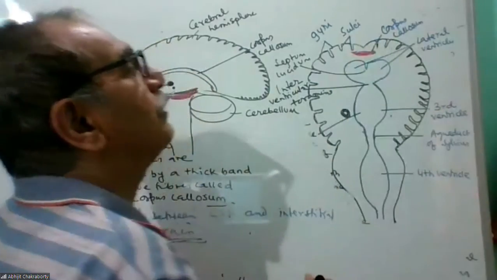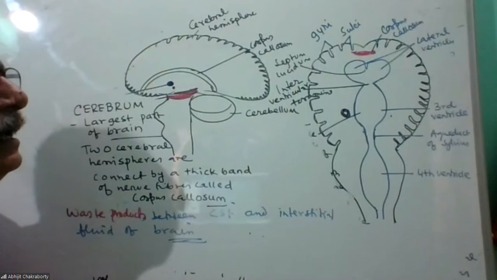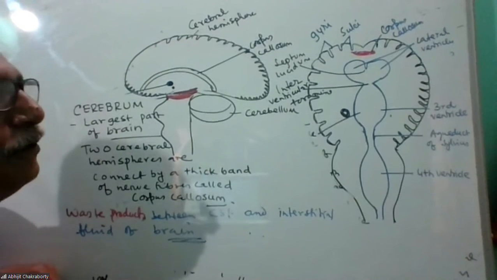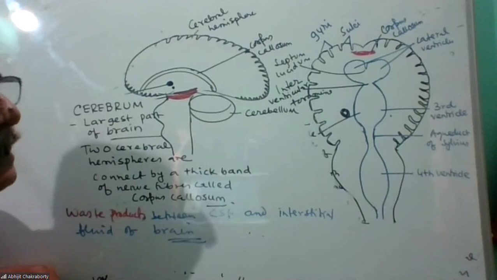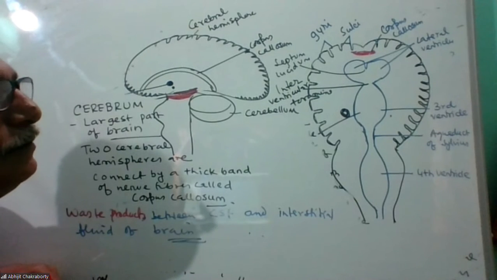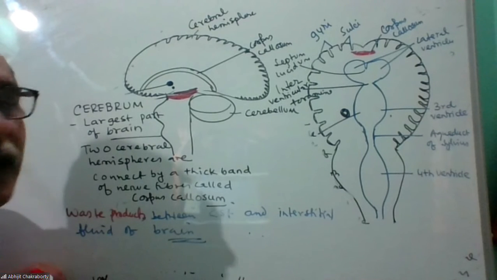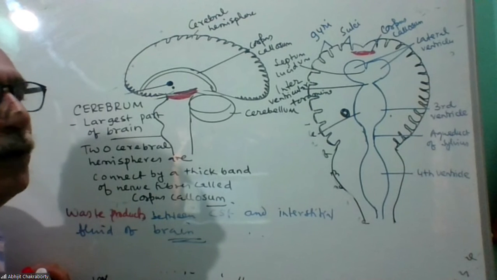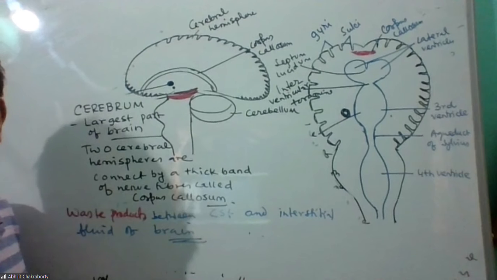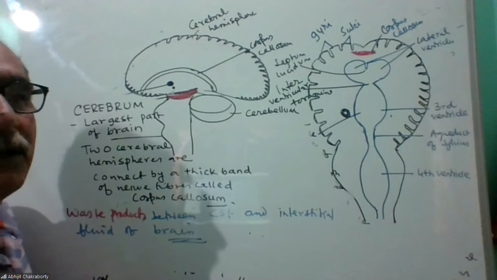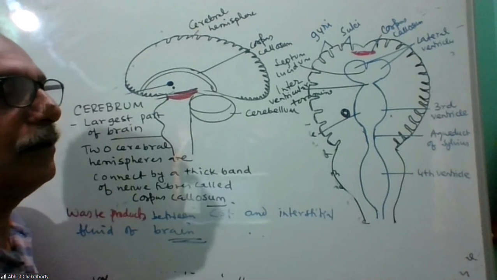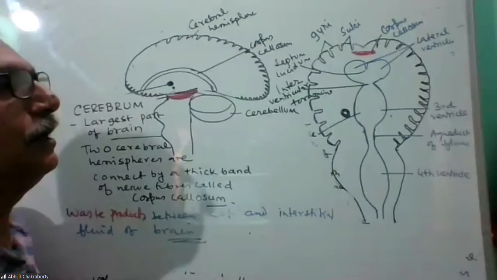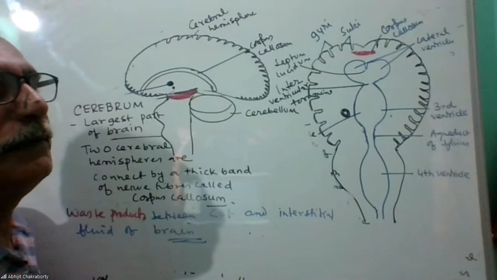This reddish one is the corpus callosum, and its role is to connect them so that it can tell one hemisphere what is going on in the other hemisphere. It is a thick band of nerve fibers connecting the two cerebral hemispheres.